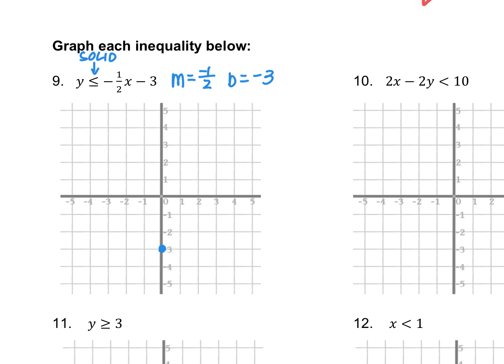I start at -3 and I go down 1, right 2, down 1, right 2. Unless you run out of room, and then you need to go left. But normally you'll start off going right.